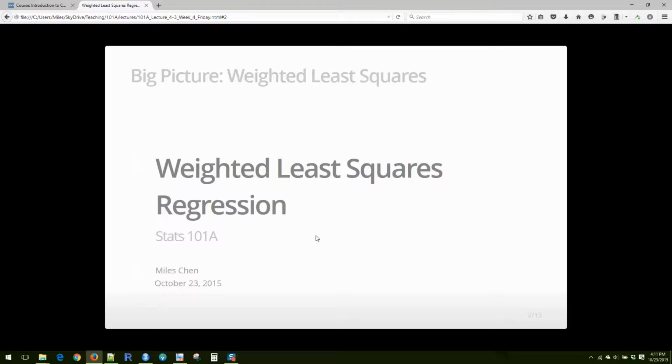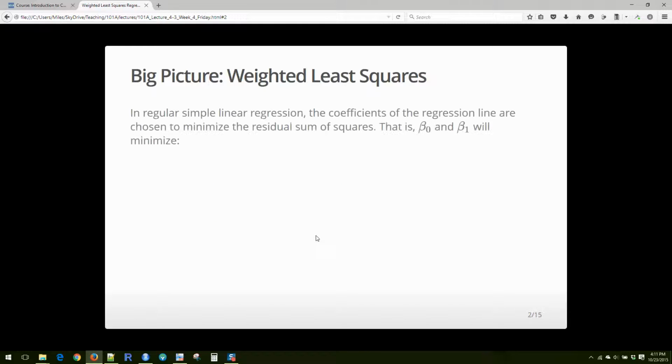So first of all, let's talk about simple linear regression. In simple linear regression, how do we decide our coefficients, our slope and our intercept? It's written there, but we want to minimize this thing, right? Residual sum of squares. We want to minimize this quantity between the actual points y and our prediction line, okay?